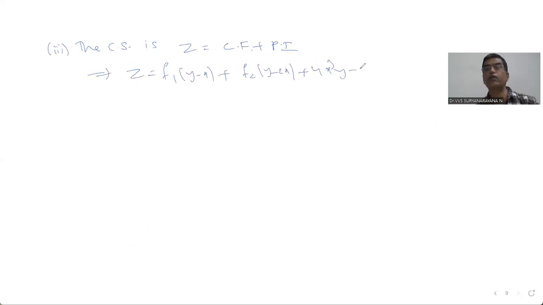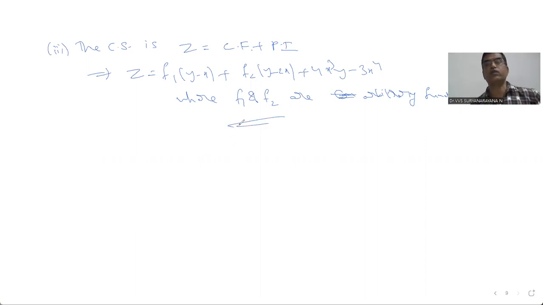So this is the complete solution where F1 and F2 are, sorry, arbitrary functions. The complete solution may contain arbitrary constants or arbitrary functions which are equal in number to the order of the equation. Okay, so this is the complete solution.